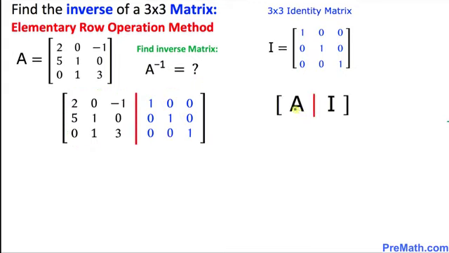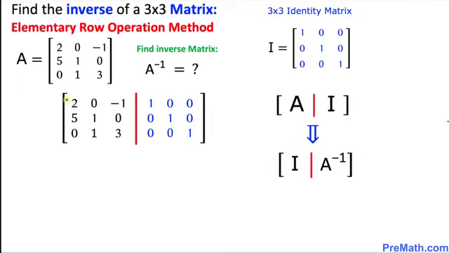So in other words, I put down an A matrix on the left hand side, and then on the right hand side is our identity matrix. And our task is to convert this A matrix into an identity matrix. Then on the other side, this matrix is going to be our plan of action.